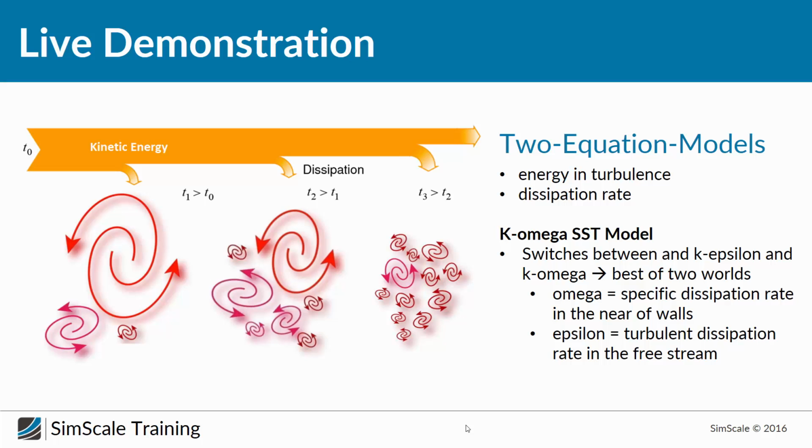And I don't want to go too much into detail, but in general you can say K epsilon is performing very well far away from your wall, in the let's say free stream, but not performing very well near walls. And K omega is performing very well near walls, but is too sensitive to pressure gradients, which means that outside of the wall, so in the free stream, it can create bad results. And what K omega SST is doing in the end is switching the turbulence model locally depending on different criteria.